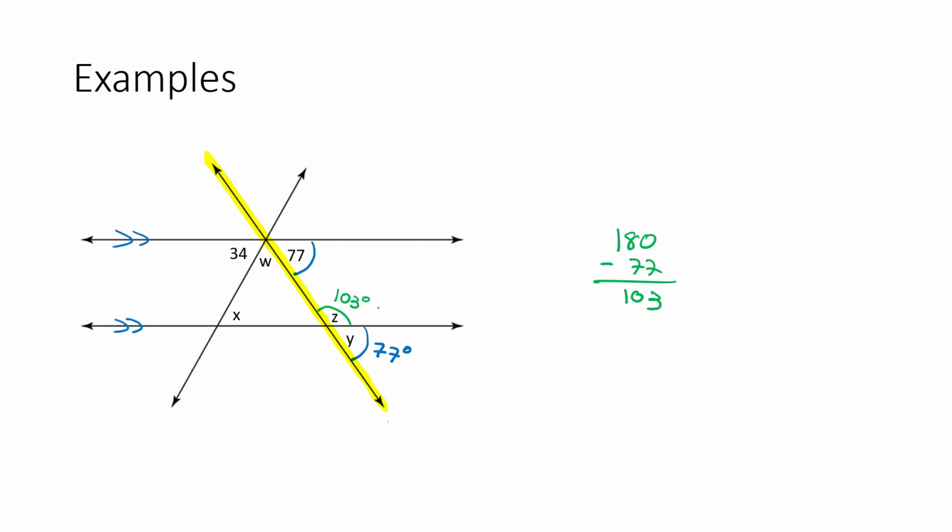What else do we know? Well, we might have to get a little bit creative to get our next angle. But here's what I would do. If I'm just looking at the yellow line, there's this obtuse angle that connects the yellow line to the parallel line. That covers both the 34 and the w. That's the supplement.